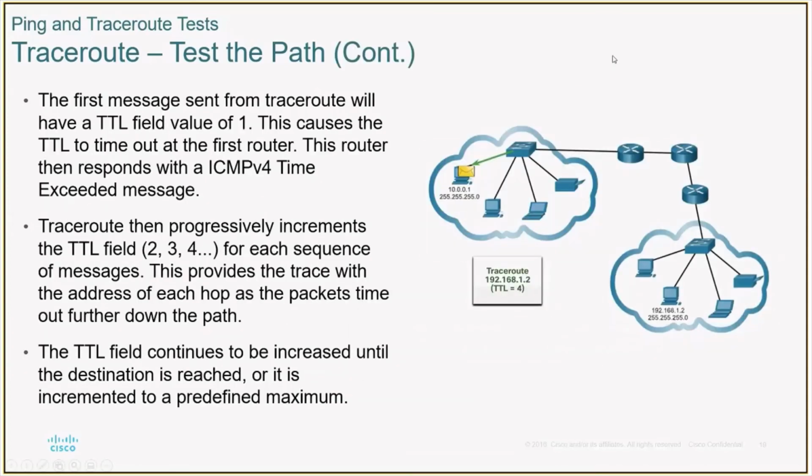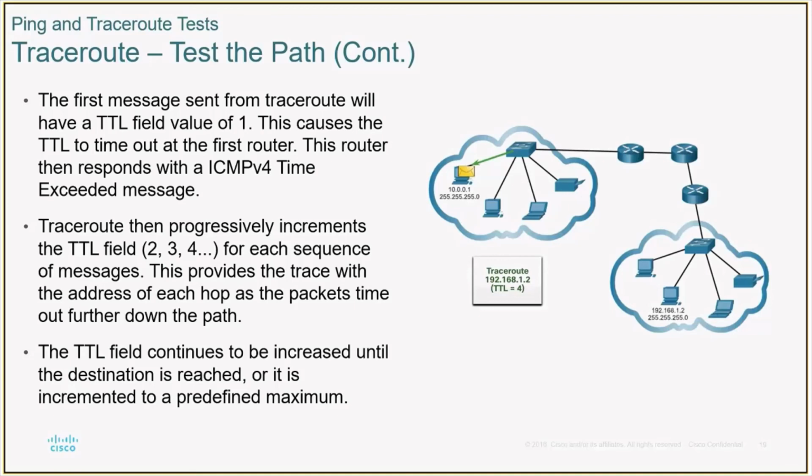Okay, so the first message sent from a Traceroute will have a TTL field value of 1. This causes the TTL value to reduce to 0, because the first router will decrease it by 1, and then it will respond with a time exceeded message. Each time it will up the TTL count by 1, so it will get 1 router further each time.